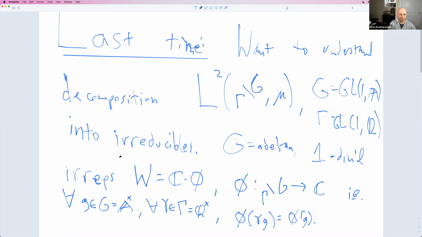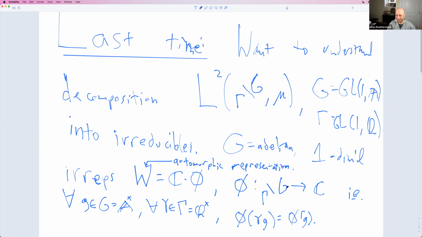So these irreducibles are called automorphic representations. This space is what we will call automorphic, in other words, a G-invariant irreducible representation subspace, an automorphic representation. This is similar to how exponentials are periodic. Exactly.